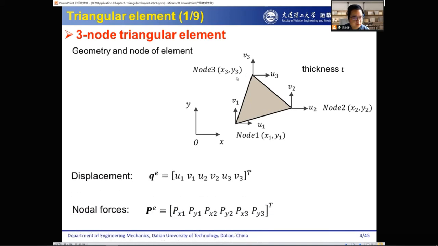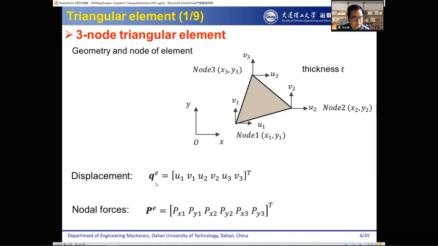So in total, whenever you mention this element, you should try to be accurate and say 3-node triangular element. For this 3-node triangular element, we have the displacement vector.